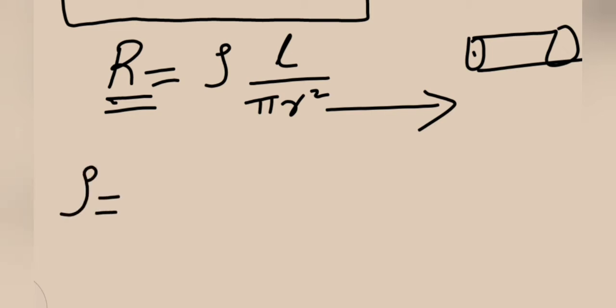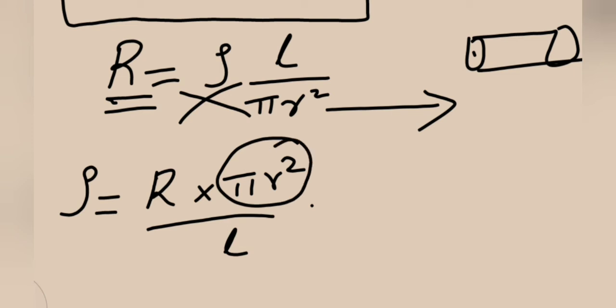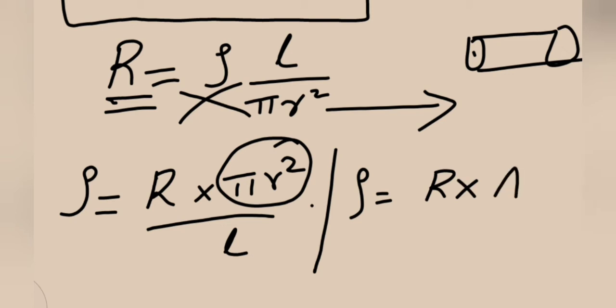So rho is equal to R multiplied with pi r squared, simple cross multiplication, divided by length. Or if you are writing it in terms of area only, instead of pi r squared, you can write rho is equal to R multiplied with area divided by length.